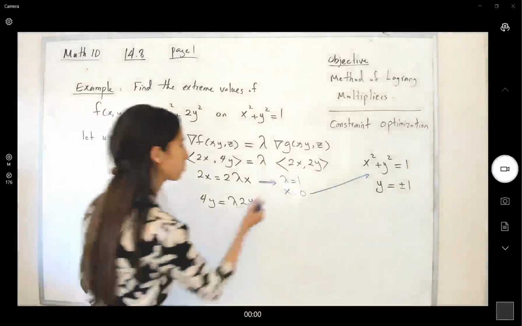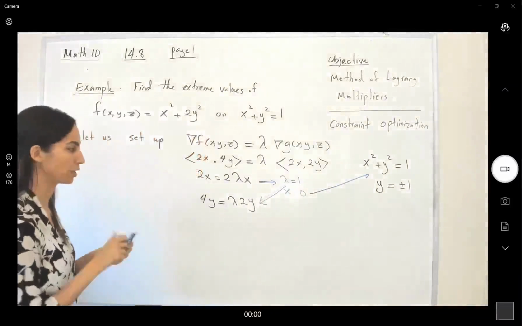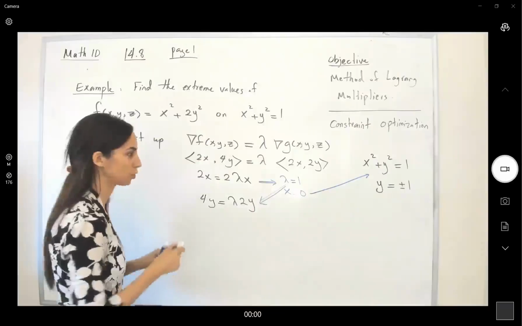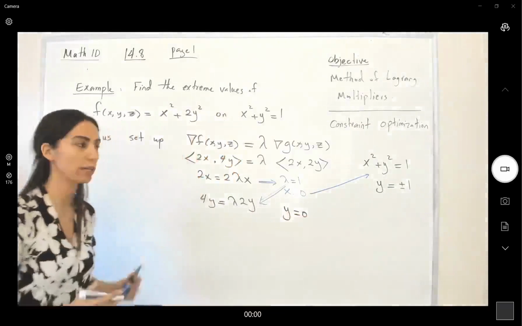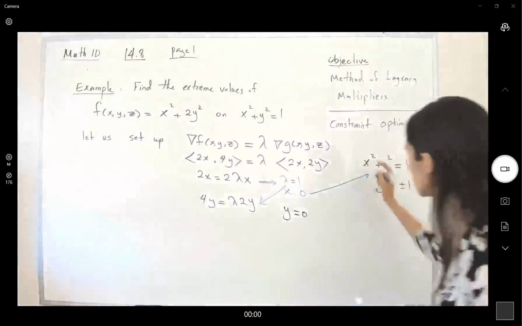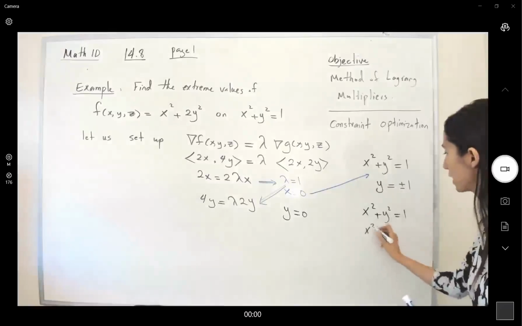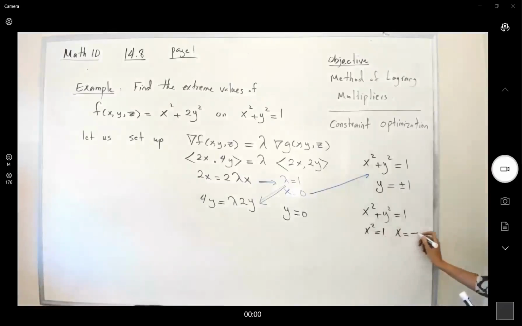Now, if I just plug lambda into the second equation, what do I get? I get 4y equals 2y, so it means that y is equal to 0. If y is equal to 0, then using your constraint, x squared plus y squared equals 1, gives you x squared equals 1, or x equals plus minus 1.